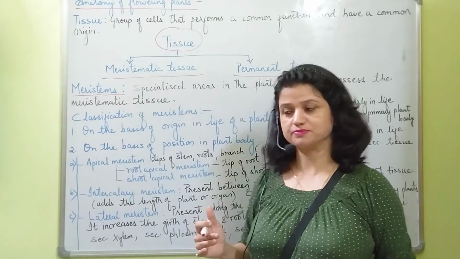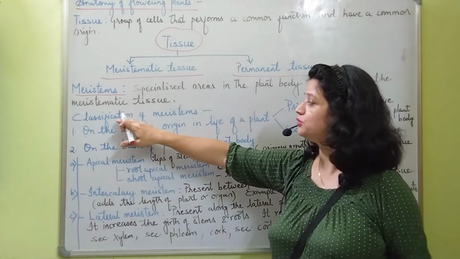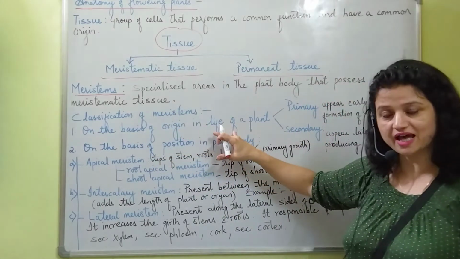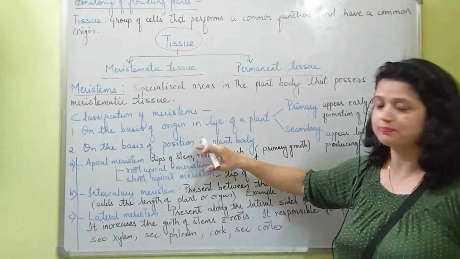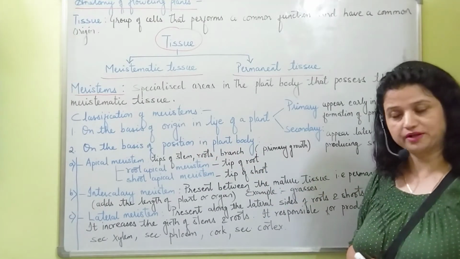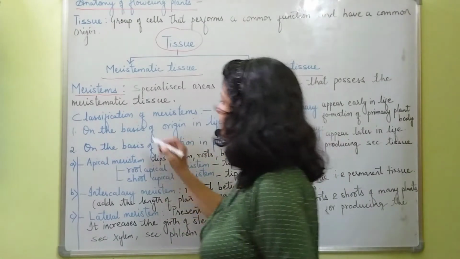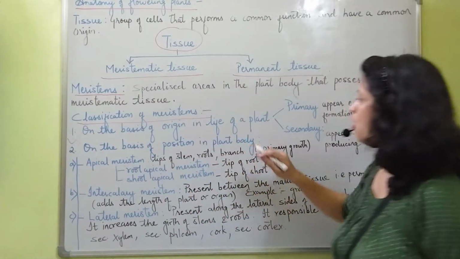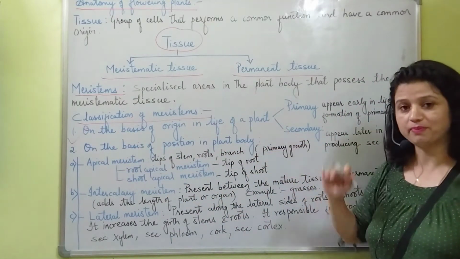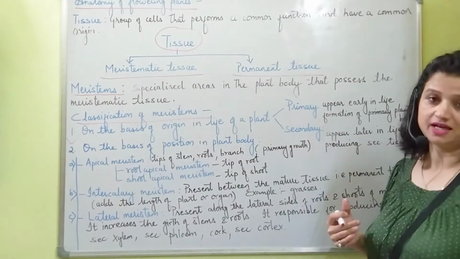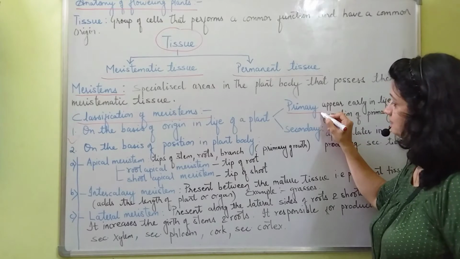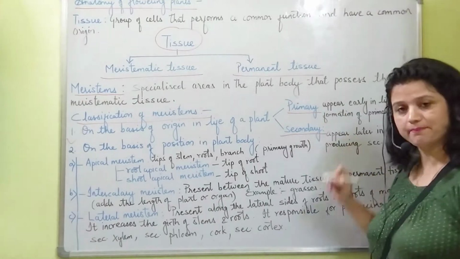Now we can do the classification of meristems on the basis of the origin in life and on the basis of their position in the plant body. First, the classification of meristem on the basis of origin in life of a plant, when they originated in the plant. They can be classified as primary meristem or secondary meristem.